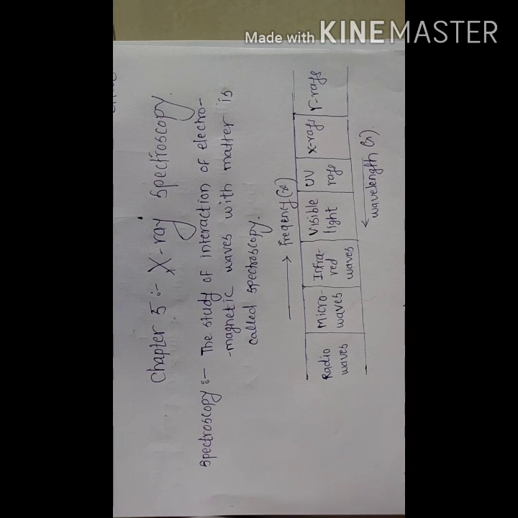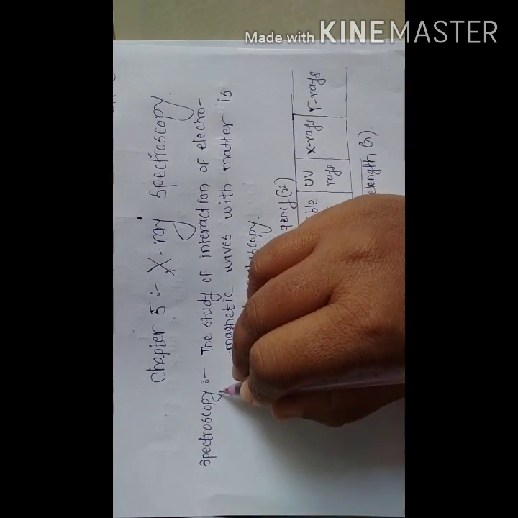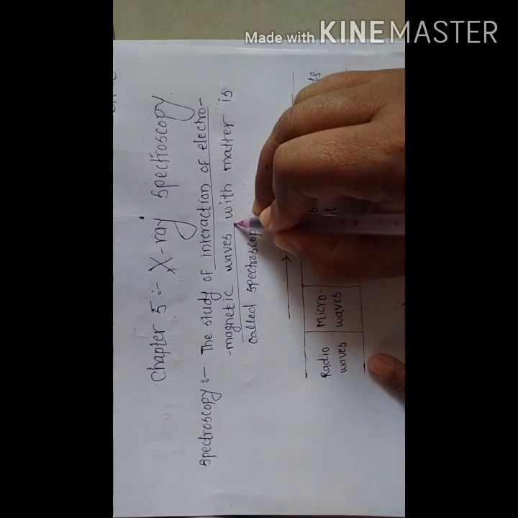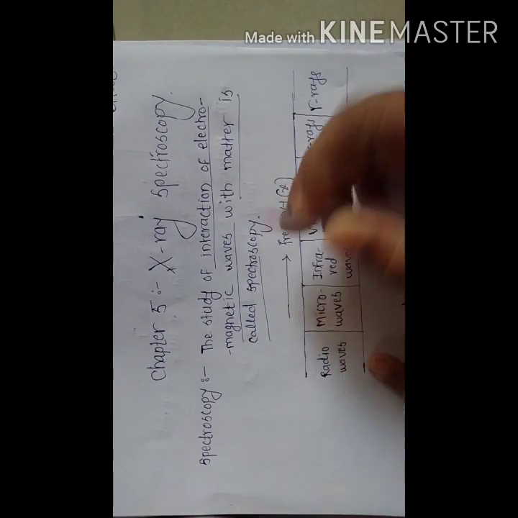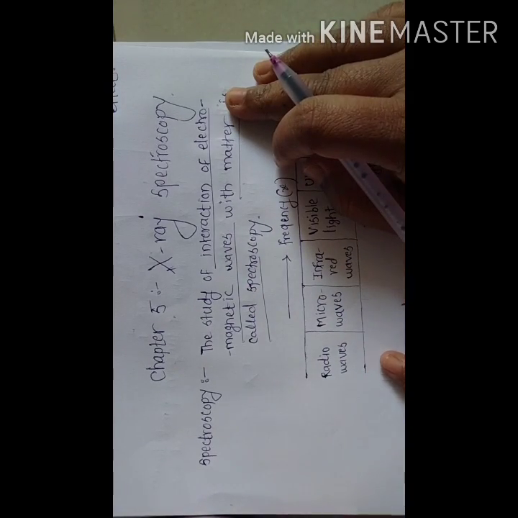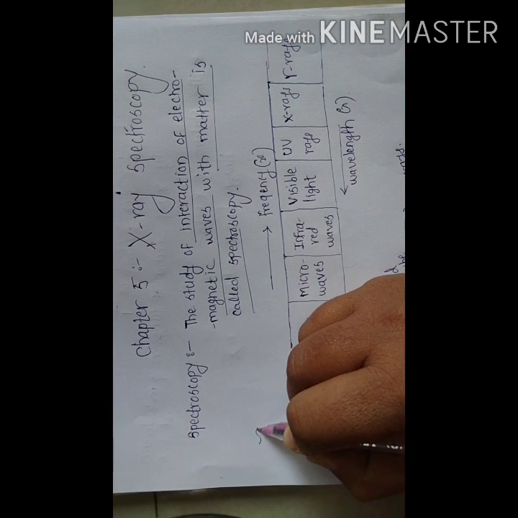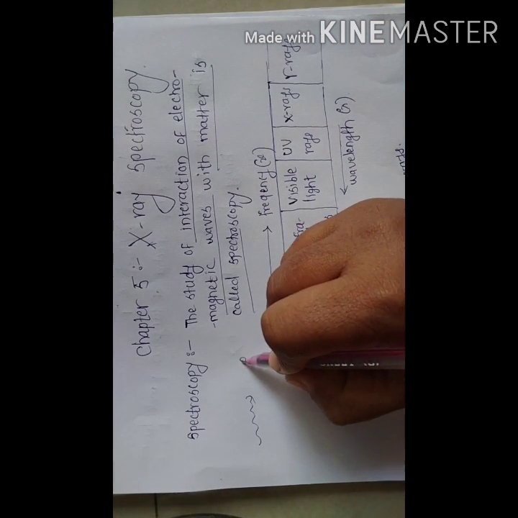So here the definition of spectroscopy is the study of interaction of electromagnetic waves. What is the definition of spectroscopy? The study of interaction of electromagnetic waves with matter is called spectroscopy. Okay, suppose this is the electromagnetic wave and this is matter.